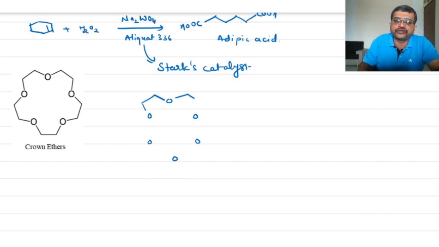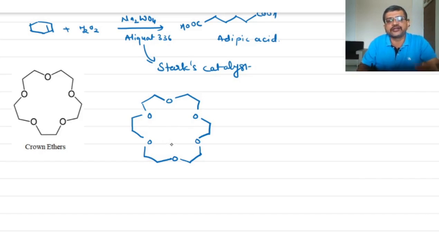Just join all the oxygens via a 2 carbon chain, that is via ethylene groups. So this becomes a crown ether. Now when we replace the oxygens with nitrogens, it becomes cryptands. These cyclic ethers appear like a crown when we see them in 2 dimensions. So these are called crown ethers.